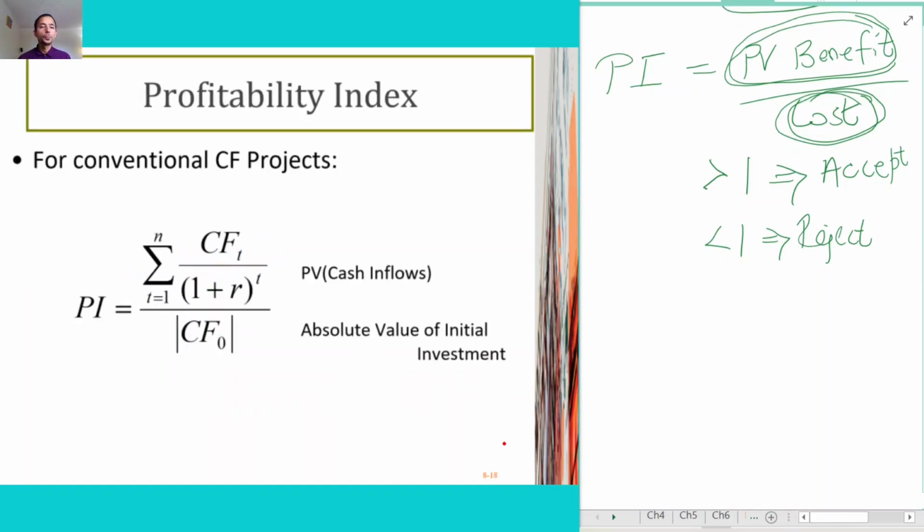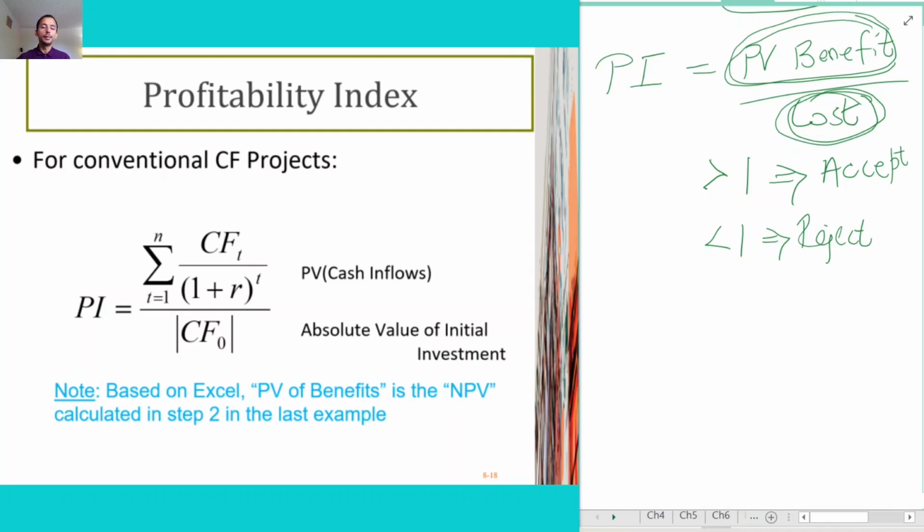So, profitability index is the present value of benefit divided by the cost. And the cost should be in absolute value. Again, we want to keep it a positive number. Moving on, based on Excel, like what we found earlier, present value of benefit is the NPV calculated in step 2 in the last example.